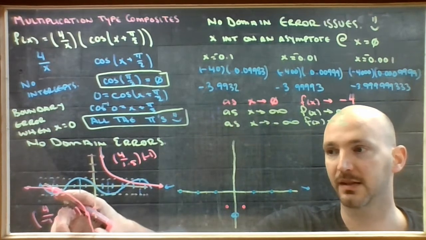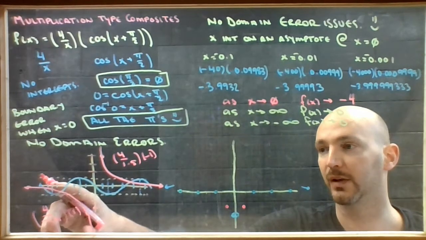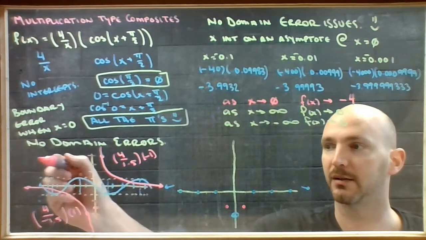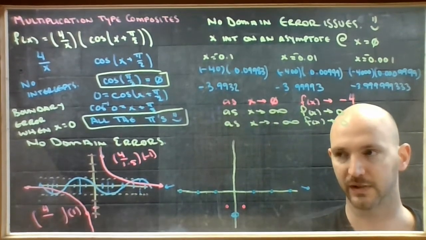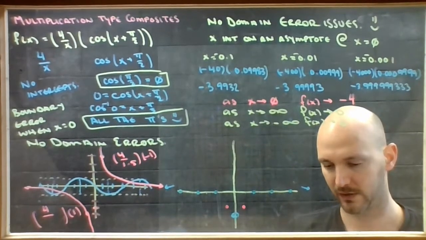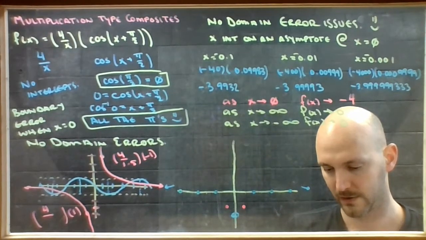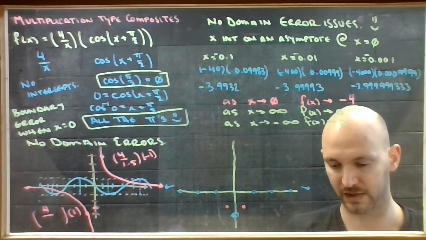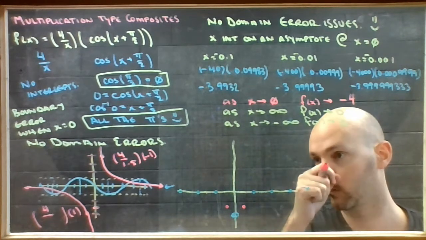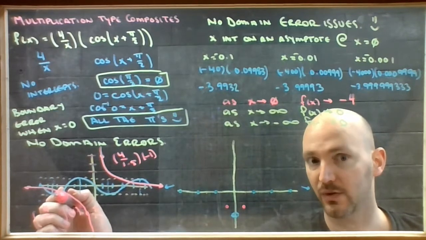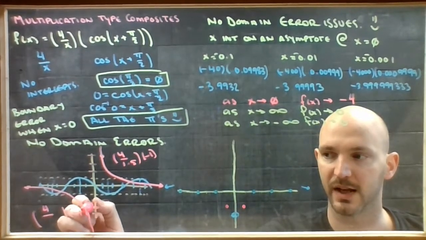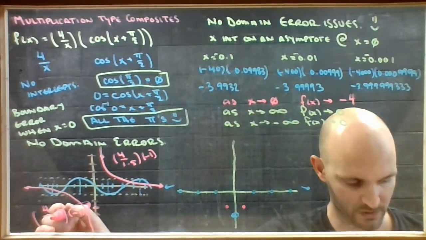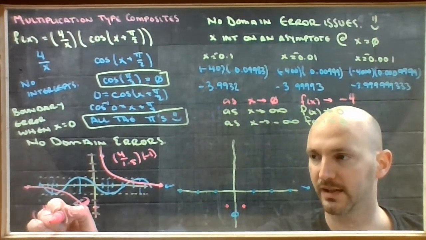Next peak happens at 3 pi over 2. So 3 pi over 2, let me just figure that out. 3 pi divided by 2 is approximately 4.7. So at this trough, the cosine is worth negative 1, and this would be 4 divided by 4.7.